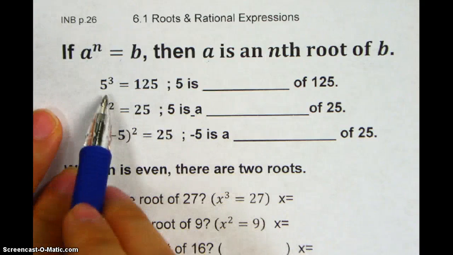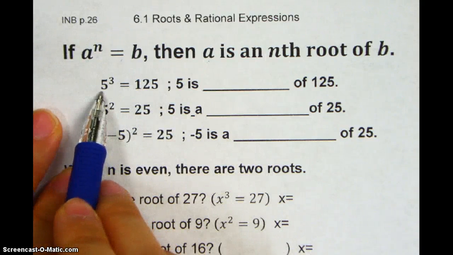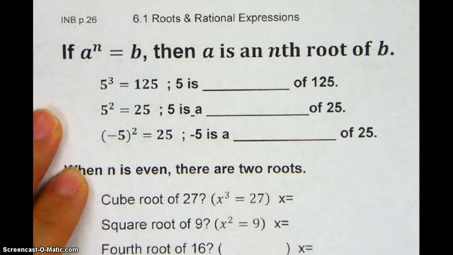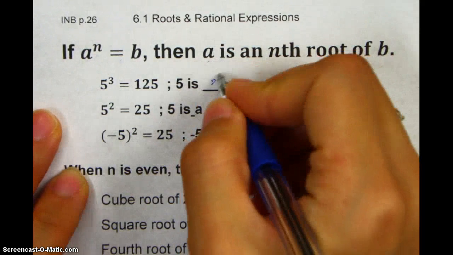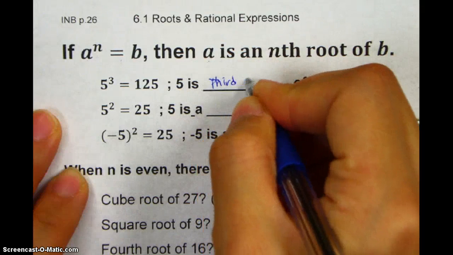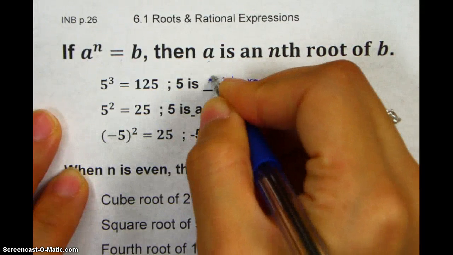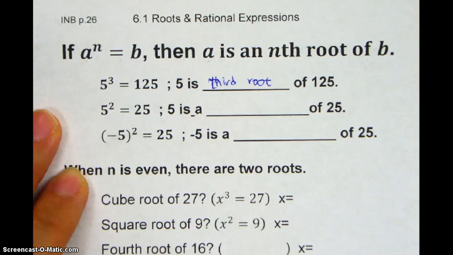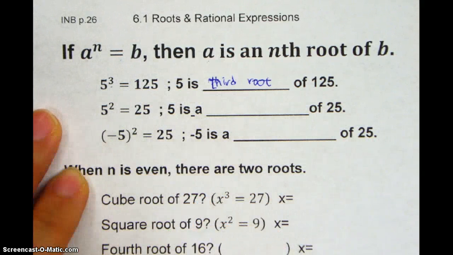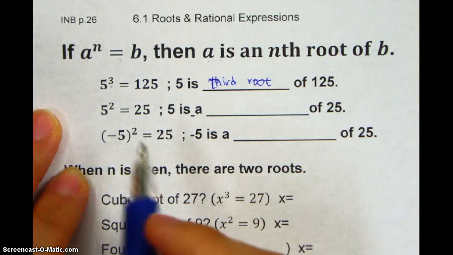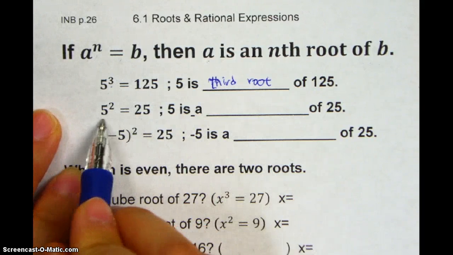So for example, 5 to the third power is 125, and we can say that 5 is the third root of 125, because 5 is a number that if you raise to the third power, you get 125. Also, 5 to the second power is 25. We all know this.